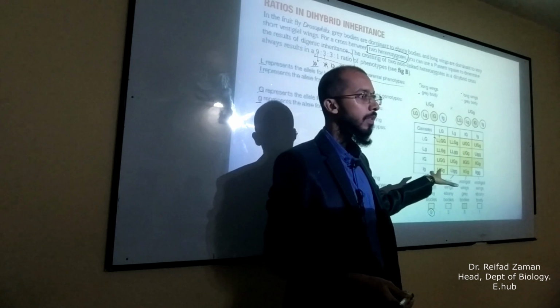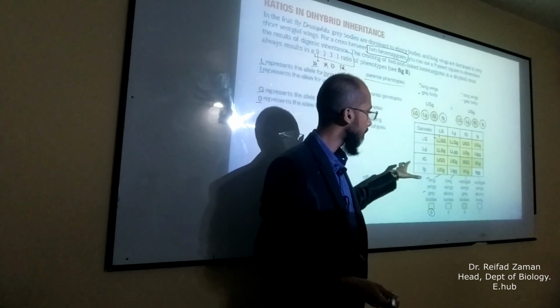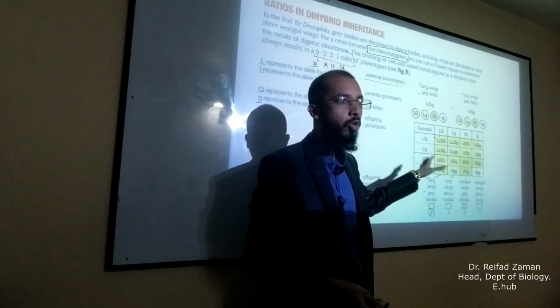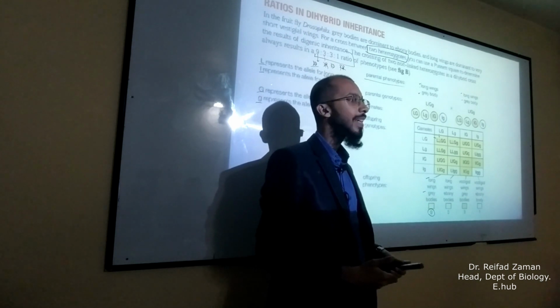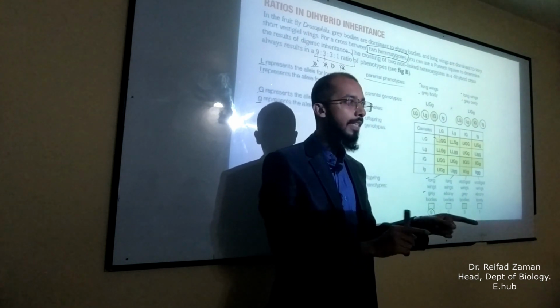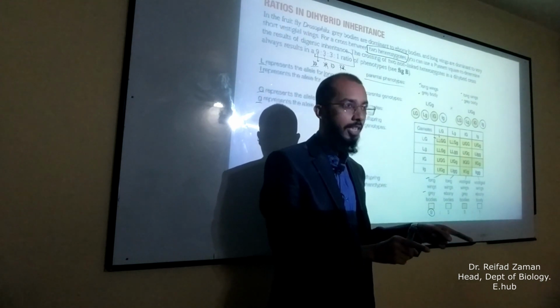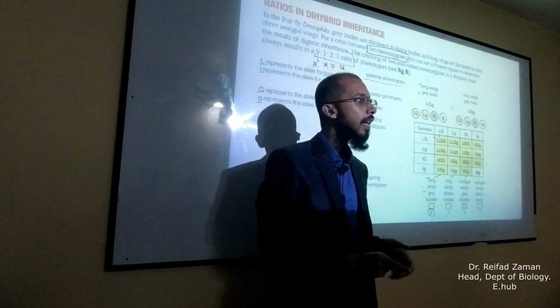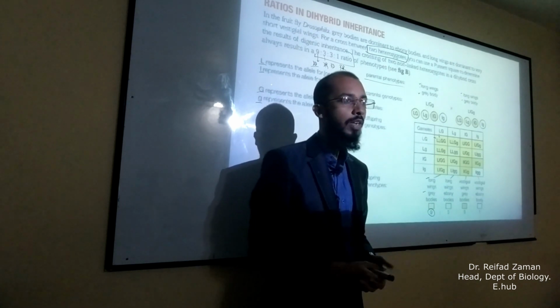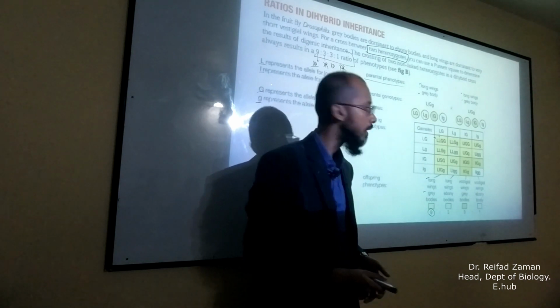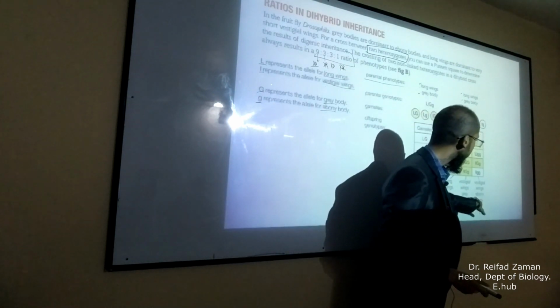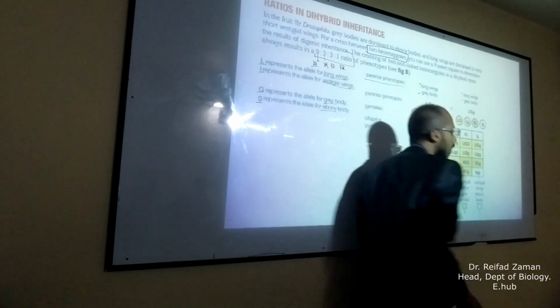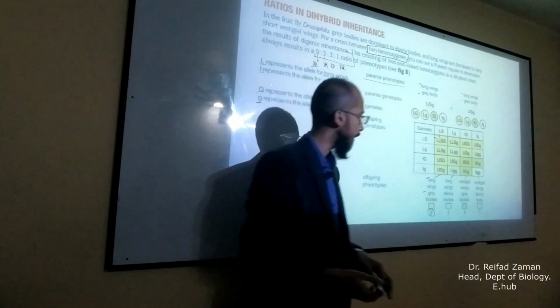For the same cross, what are the recessive features in case of wing length, vestigial wing, or the short wings? And what is the recessive feature of color? Ebony. So vestigial wing and ebony body will be inherited by 1 part of the offsprings.